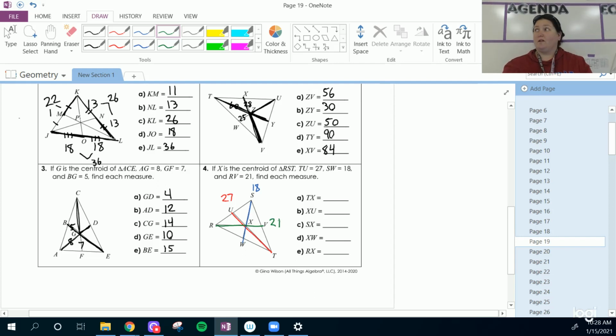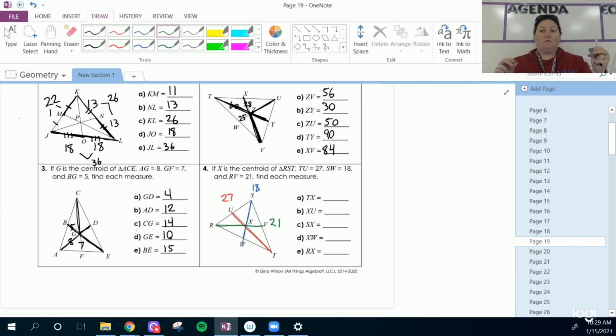So on this one, we have to use the fact that the median is split into thirds, okay? So then we have to look at whether we have the big piece or the small piece. So I'm going to walk you through how to do this the first time and walk you through some more examples, and hopefully it'll make a little bit more sense after time.